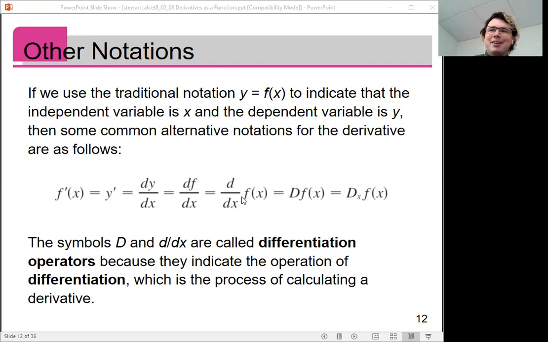Differentiation is the act of calculating a derivative. So this thing here is an operator. You give an operator a function, and it gives you a new function back. So here, if I give the differentiation operator the function f of x, it gives me back f prime of x.